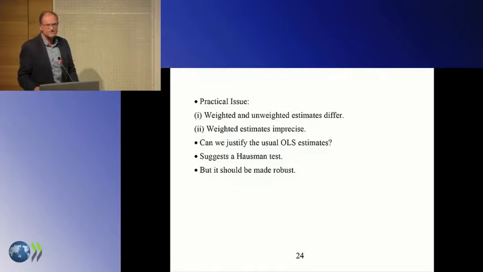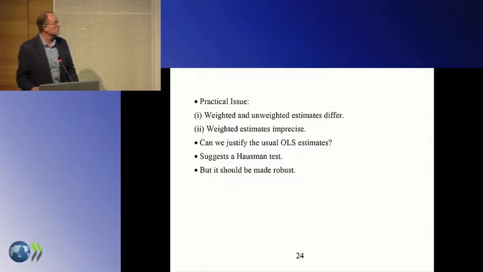Well, of course, this requires you to be able to rule out the case that the stratification is based on Y. But to give you something to take away if you haven't seen this before, this suggests a Hausman test, but the problem with using the usual Hausman test is that it would take a stand on which estimator is relatively more efficient, and we certainly don't want to do that.